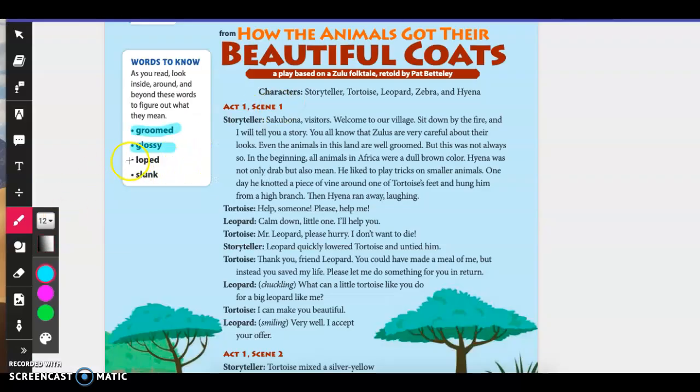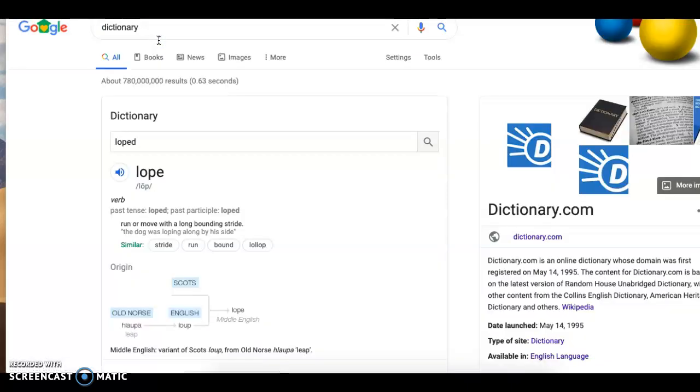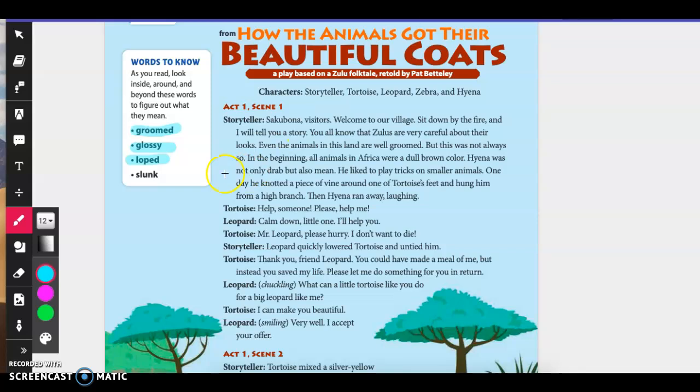The next word that we need to look up is loped. To lope means to run or move along, run or move with a long bounding stride. So it's probably talking about a horse. That's a good clue. The next word is slunk.